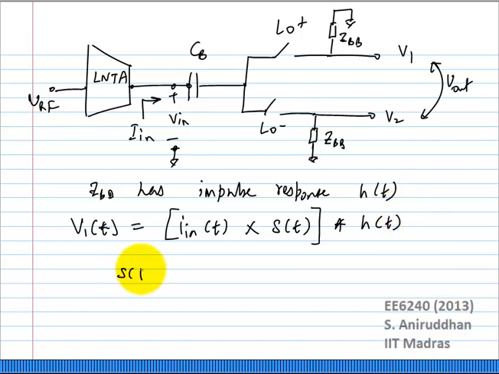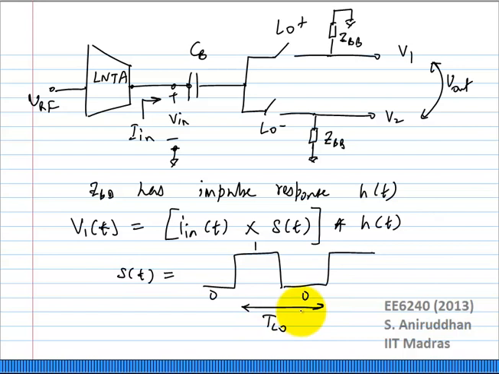And S of t is nothing but the single-ended LO voltage. It is a square wave from 0 to 1 with a period TLO and 50% duty cycle.